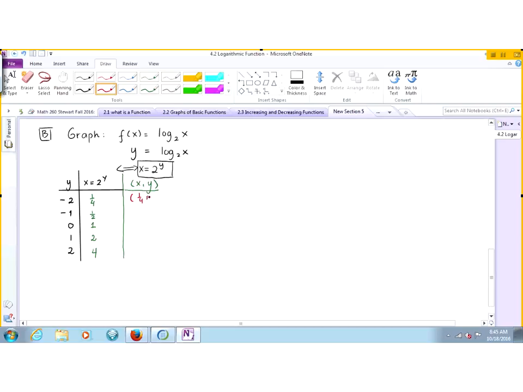So I'm going to write the ordered pairs. 1/4 comma -2. Half comma -1. 1 comma 0, 2 comma 1, 4 comma 2. Yes, no? All right. So now we can just graph it.